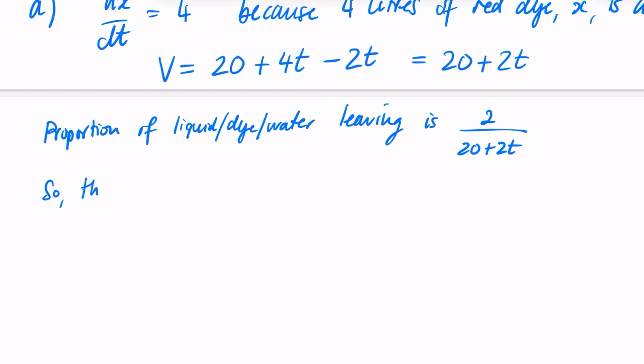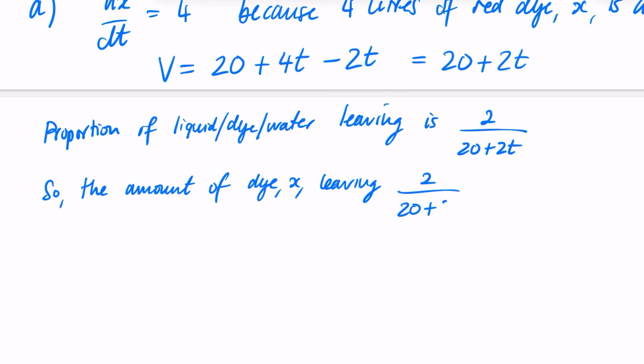So this now means that the amount of dye, which is x, leaving, well, if there's x in there, imagining this is like a percentage or a fraction, it would be this amount of x that is going to be leaving. In other words, 2x over 20 plus 2t.